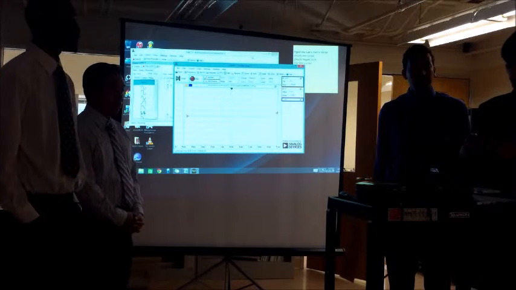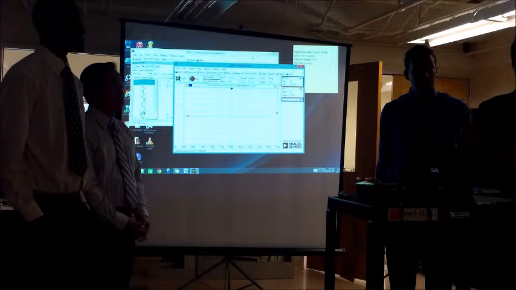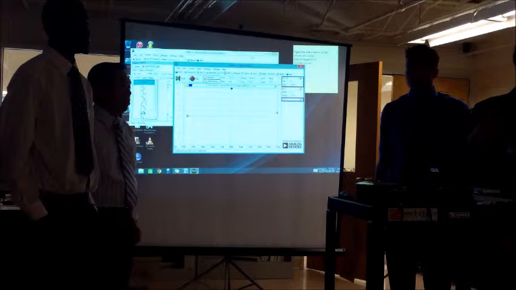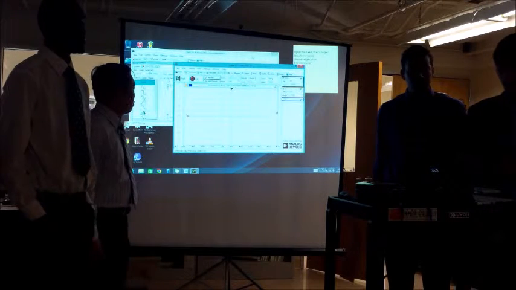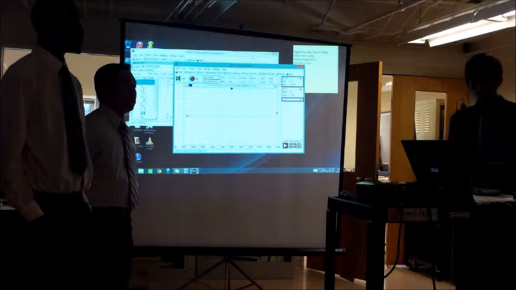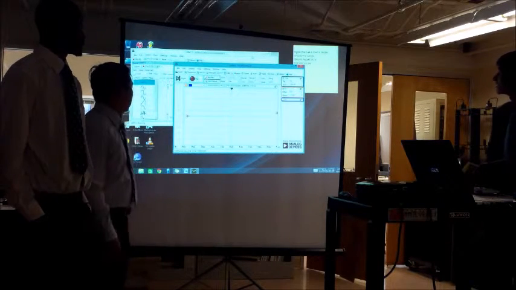From the readings that we got from the sensors, the microcontroller can determine if the driver is distracted or not. So I'll go ahead and start the program.